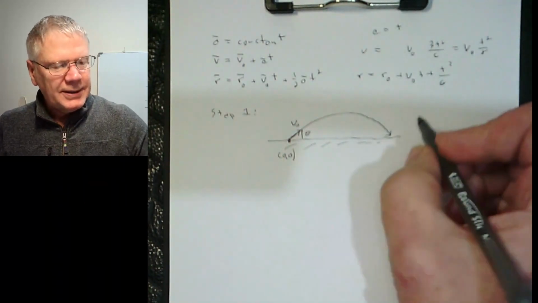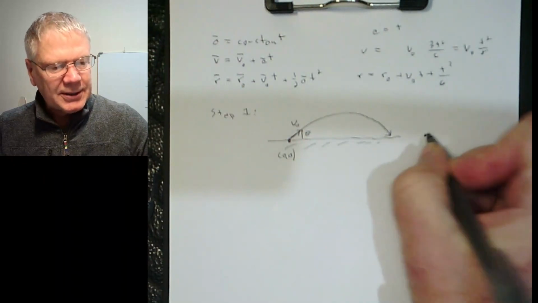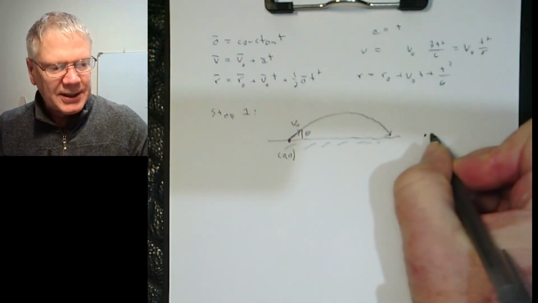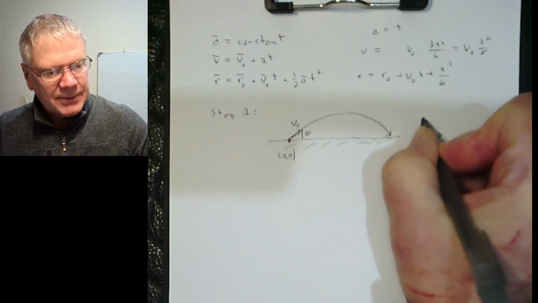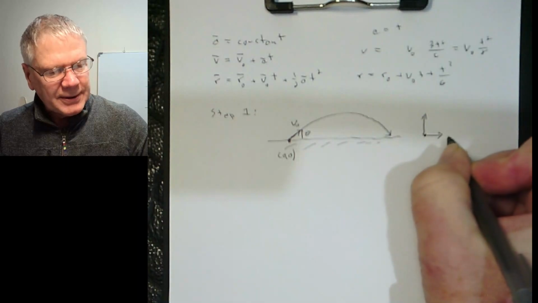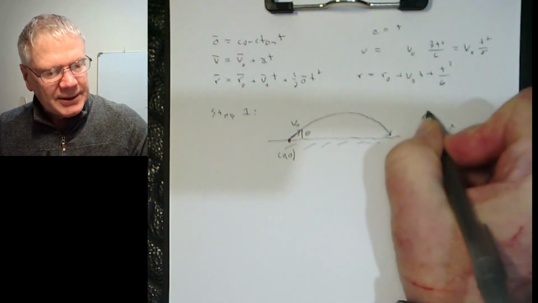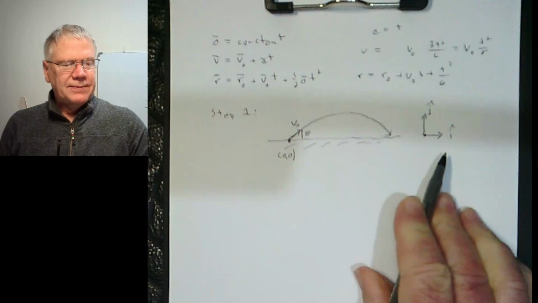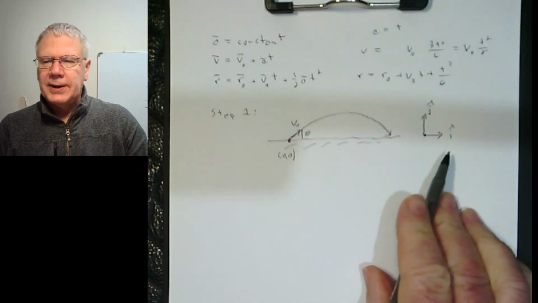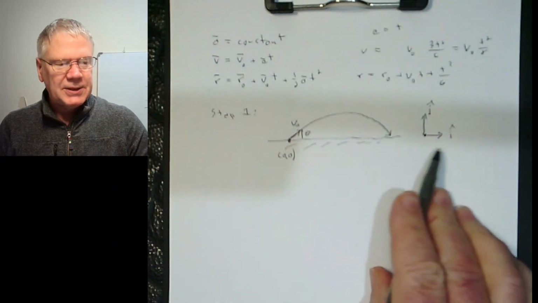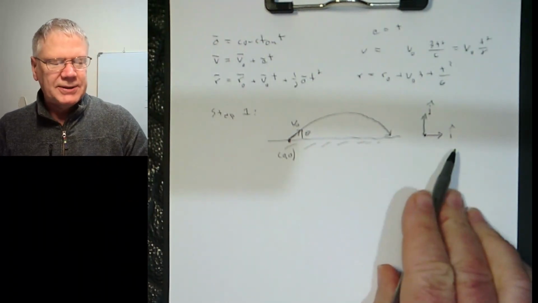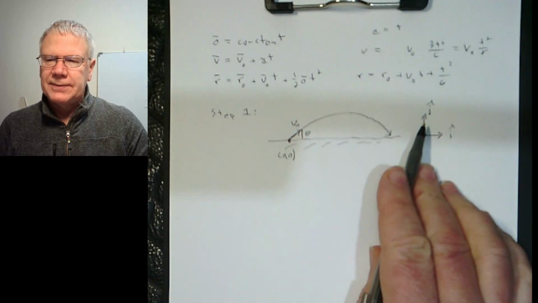The other thing in general to do in projectile problems is use the standard directions. This is my x direction, and this is my y direction. And we can denote those with unit vectors. So i is a vector quantity which points in the x direction and has a length of 1. So that's basically just telling me that's my x direction and that's my y direction.